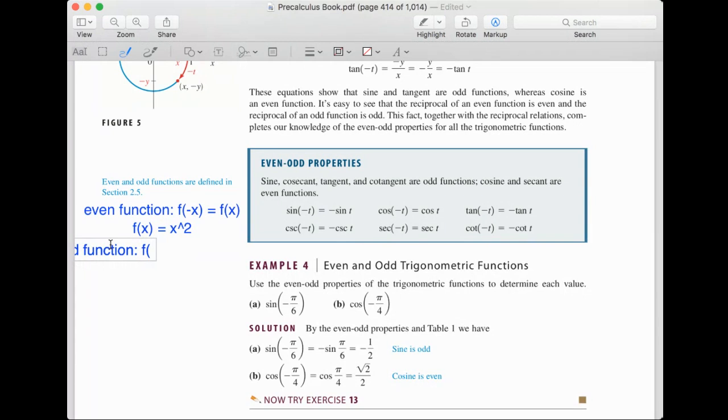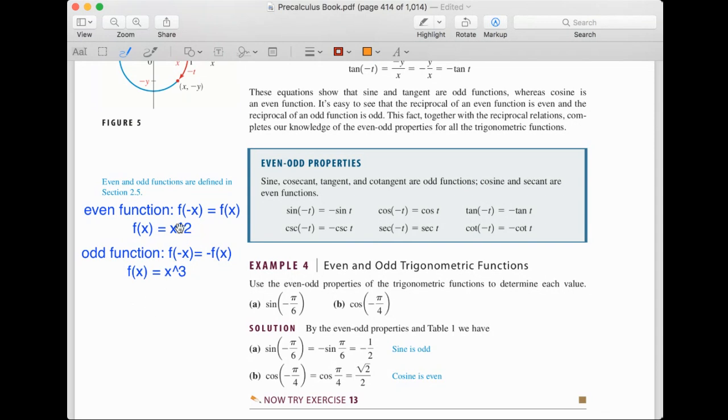Odd function means when we put in a negative x value, we get negative f of x. A function to remember could be x raised to an odd number, maybe x cubed. If x is cubed, negative x raised to the 3rd power will still be negative x cubed. So this is the definition of even function and odd function.